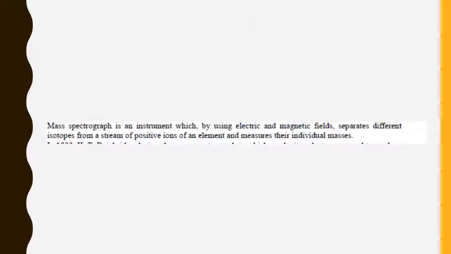Before going into detail of mass spectrograph, first we know what is mass spectrograph. The term spectrograph is used for spectrum, and whenever we use the term spectrum, the first thing we keep in mind is colors. But here we have nothing to do with colors. Another definition of spectrum is separation. It gives a complete set of separation of some physical quantity.